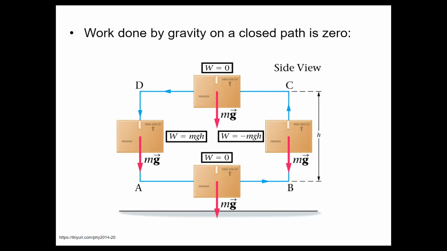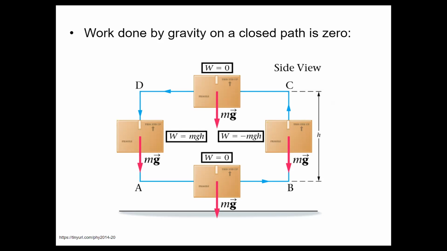From point A to B, because the displacement and the force are perpendicular to each other, the work done should be zero. From B to C, displacement is upward, force is downward, so this will do negative work, so minus mg times the distance, which is h.